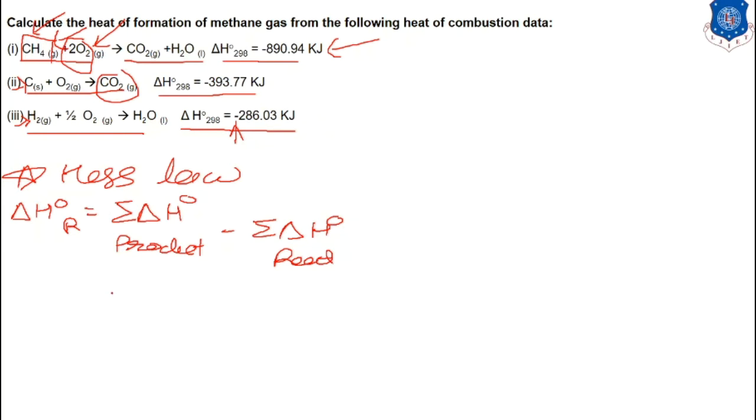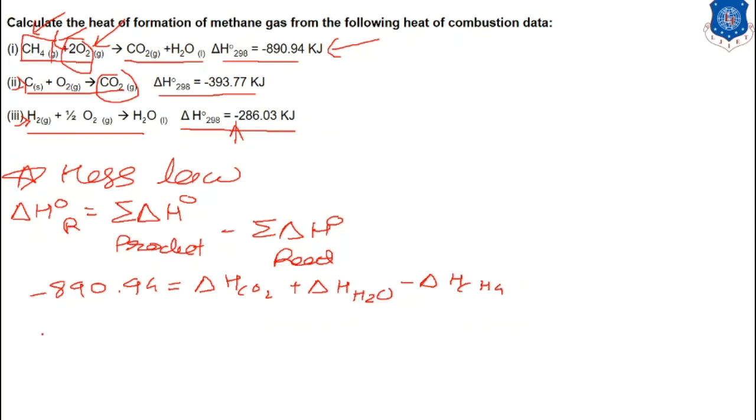So let's write the enthalpy change for the total reaction, which is already given, minus 890.94 kilojoule, equal to the products CO2 and H2O. So delta H of CO2 plus delta H of H2O minus delta H of the reactant, which is CH4, which we have to find out.